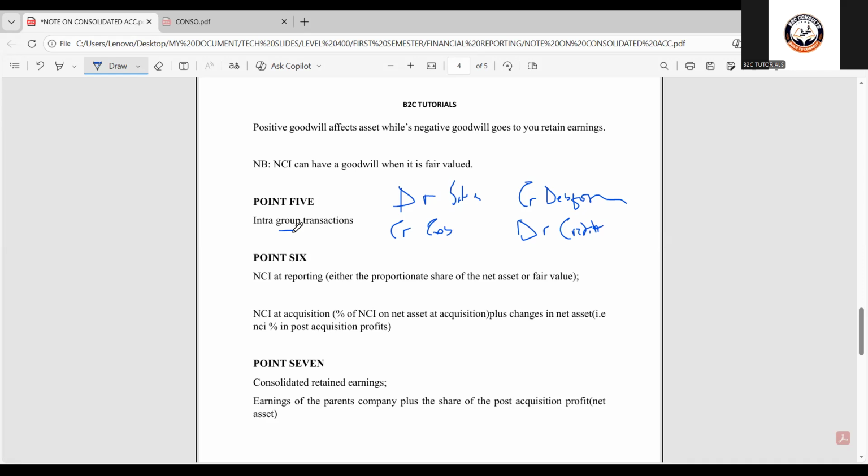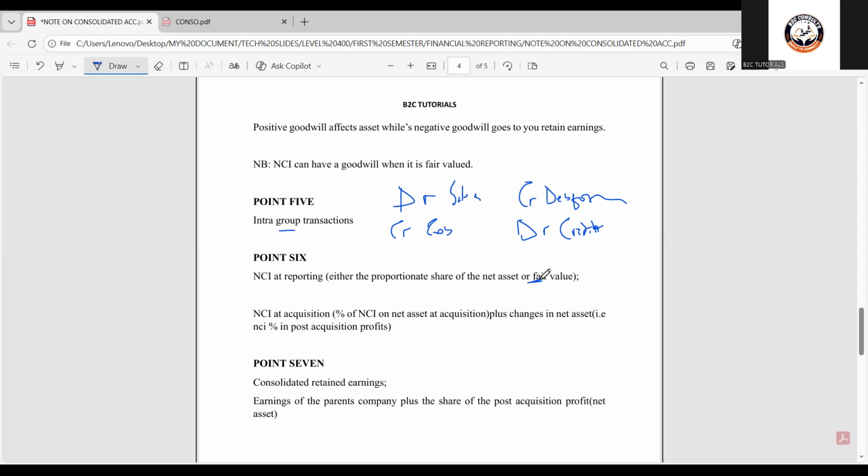All right, so then you come to the non-controlling interest. You first pick the fair value of the non-controlling interest, then you pick their portion of the post-acquisition profit and add it. Then you check if there is any NCI impairment in that question. So either you pick their fair value if it's given.